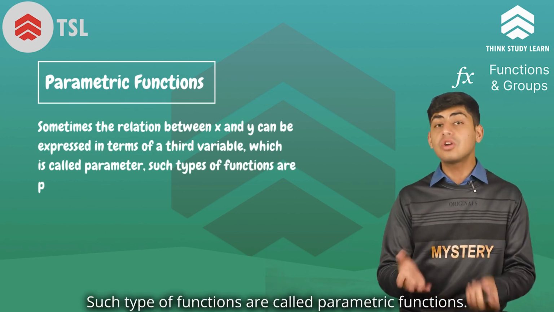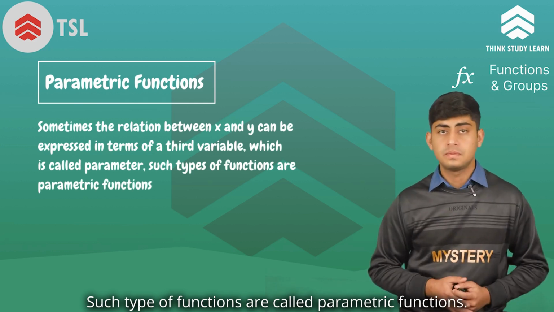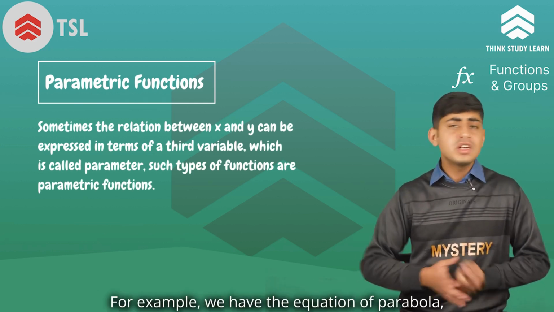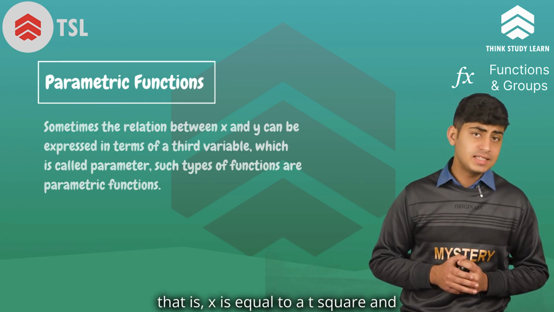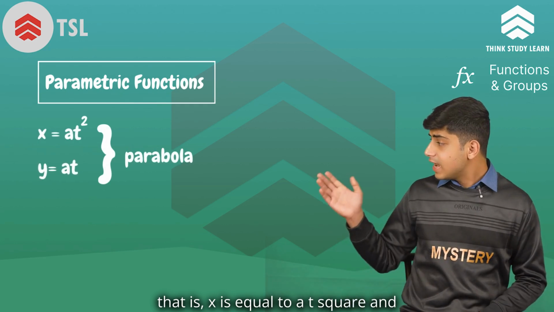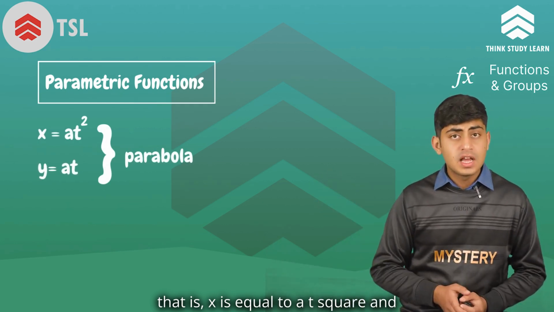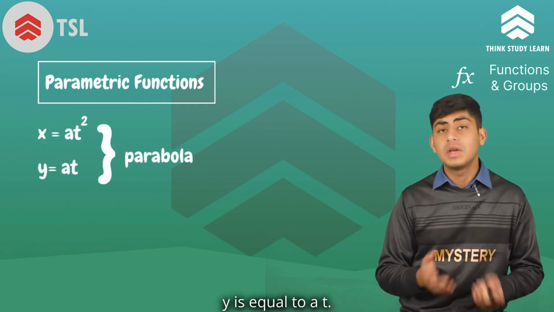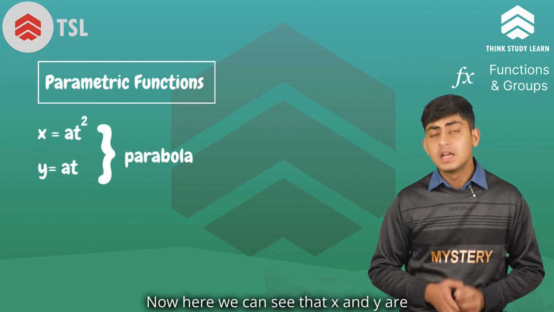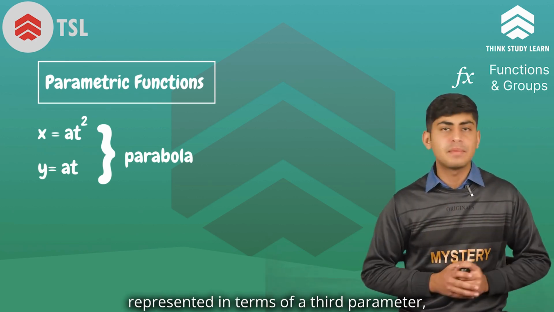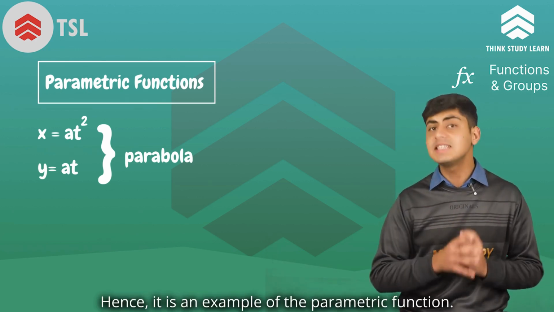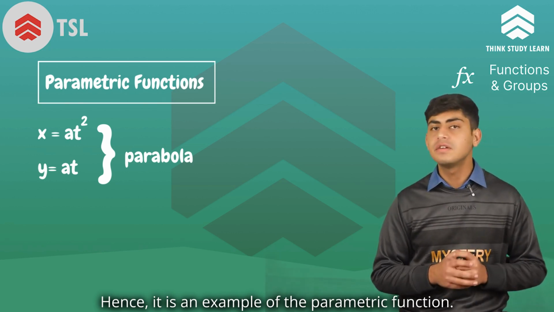Such type of functions are called parametric functions. For example, we have the equation of parabola, that is x is equal to at square and y is equal to at. Now here we can see that x and y are represented in terms of a third parameter, that is t. Hence it is an example of the parametric function.